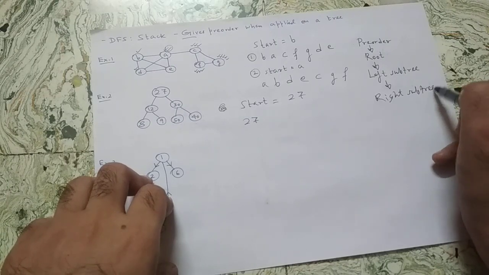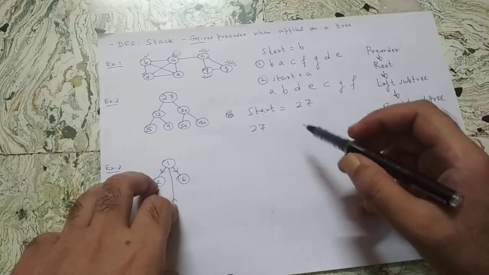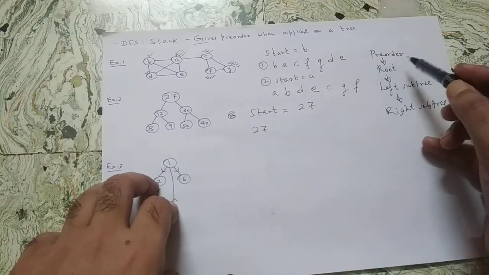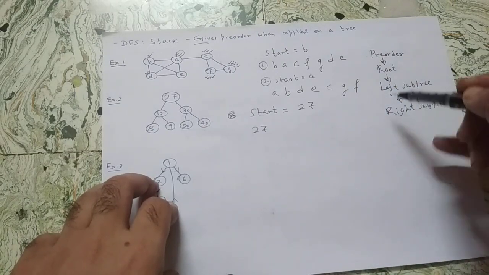This is how you would list out the pre-order of a tree. So we will see that we are going to apply DFS, but it will turn out that one of the DFS traversals which we will be generating will be same as our pre-order.